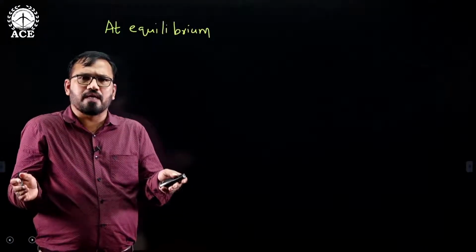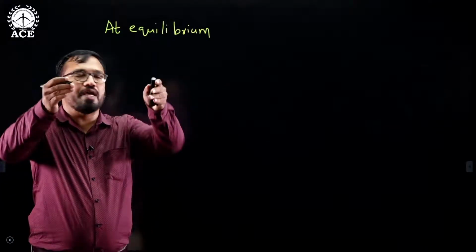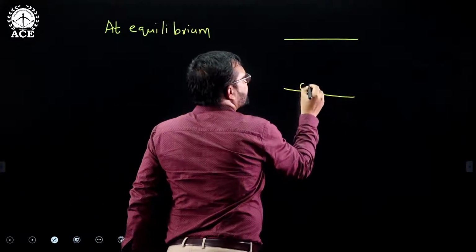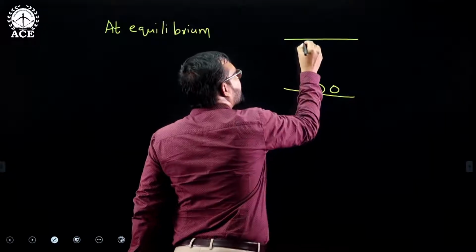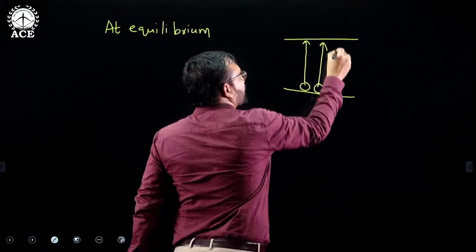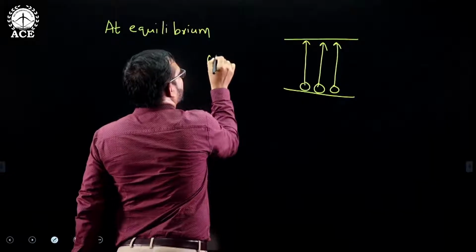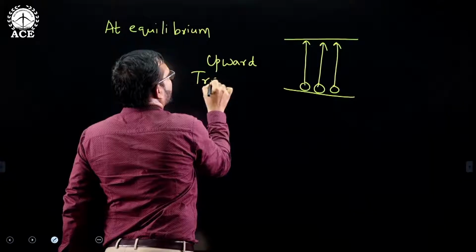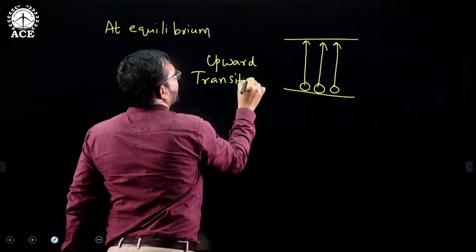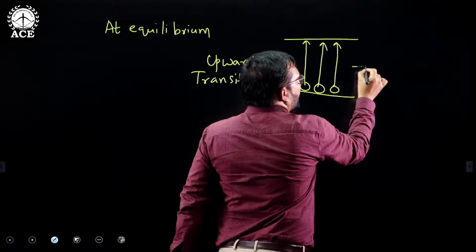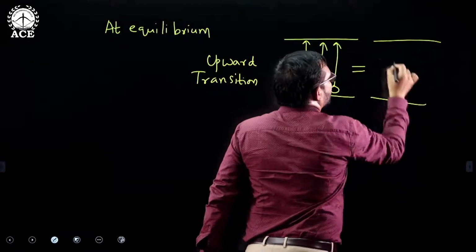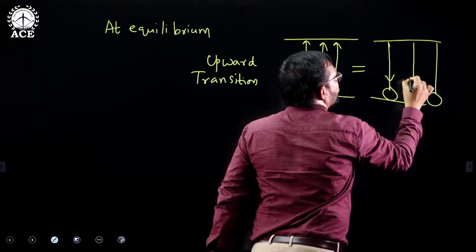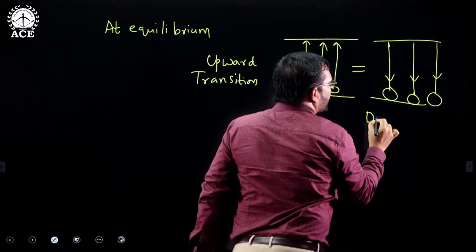The number of atoms excited from lower energy level to higher energy level, that is called upward transition. This upward transition is equal to what? How many atoms come down to the ground state? Same number of atoms. That is called downward transition.